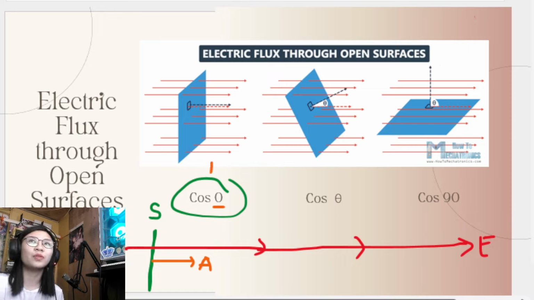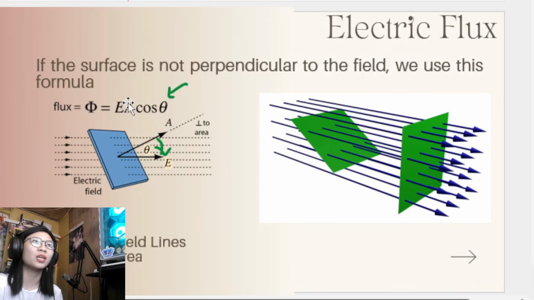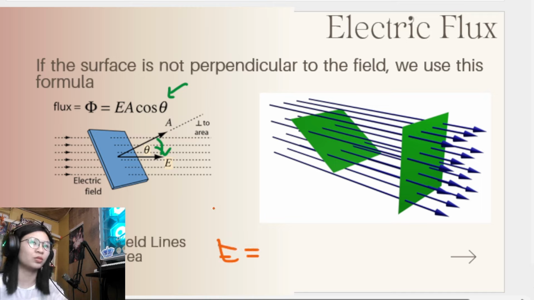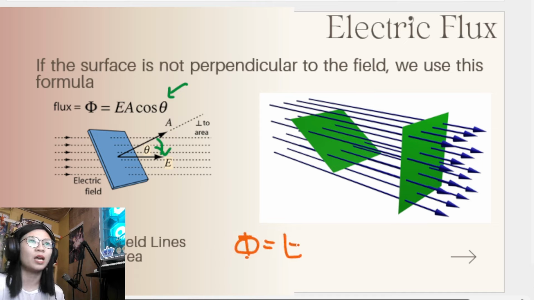Okay? So, if we are to solve that using this equation, phi is equal to E A cosine 0, where cosine 0 means 1.